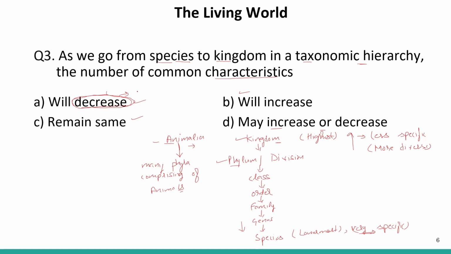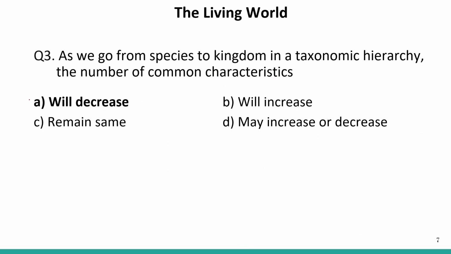Or you can also say in the kingdom, the members are not that closely related if you compare it with two species. Of course there will be similarity, but less than in the species. Alright, so the correct answer is option A.